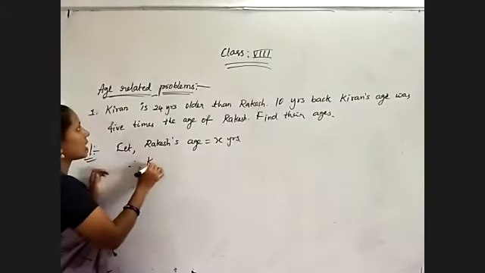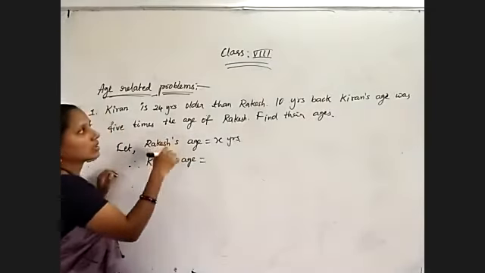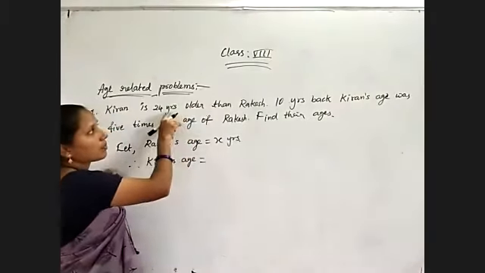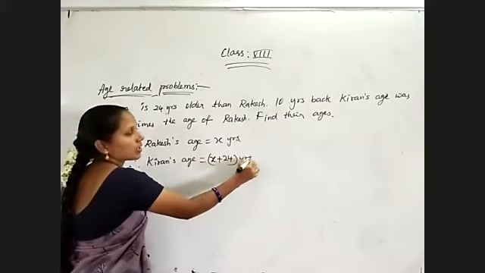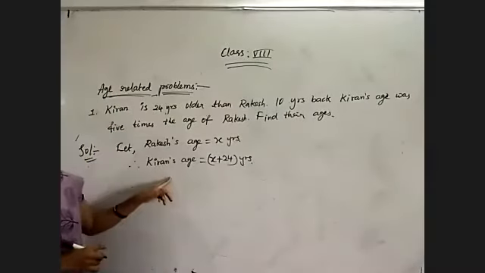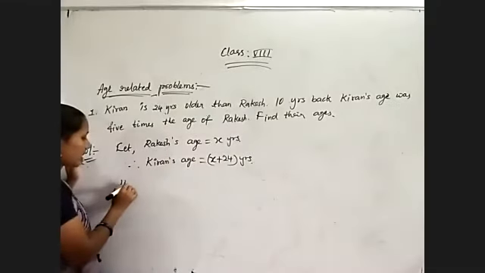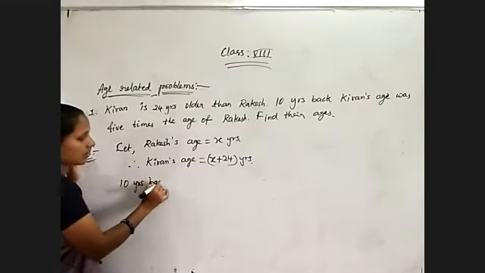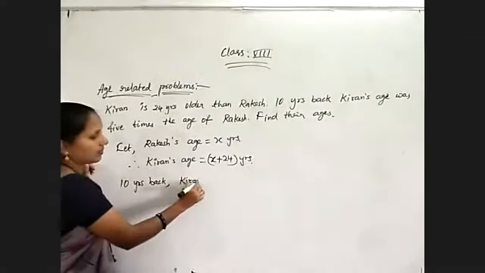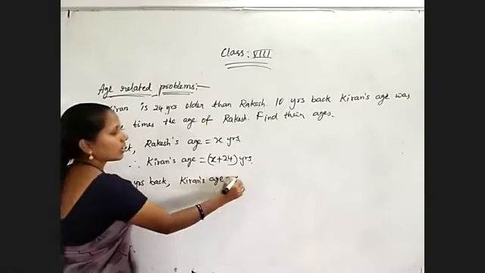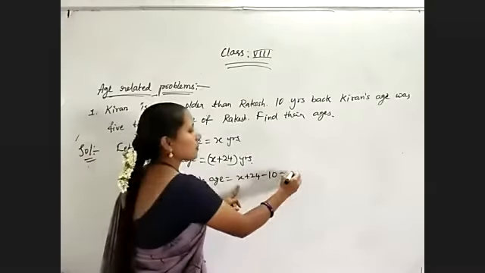Therefore, Kiran's age will be 24 plus x, that is x plus 24 years. They only gave this in the question: Kiran is 24 years older than Rakesh. And after that, 10 years back, Kiran's age will be x plus 24 minus 10, which is x plus 14 years.